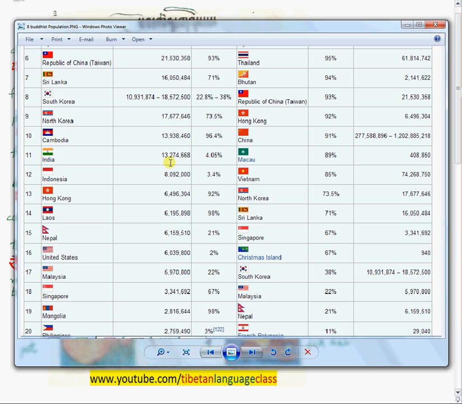That's a little over 13.2 million. And then Indonesia, Hong Kong, Laos, Nepal, United States at number 16, with a little over 6 million Buddhists, about 2% of the total population. Malaysia, Singapore, Mongolia, and then at number 20 it's Philippines.